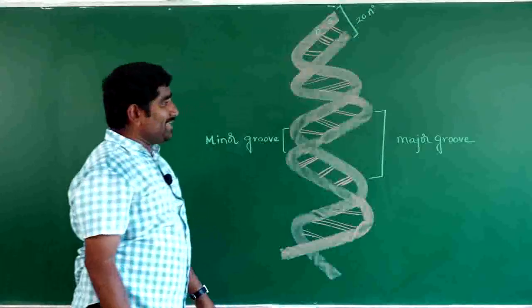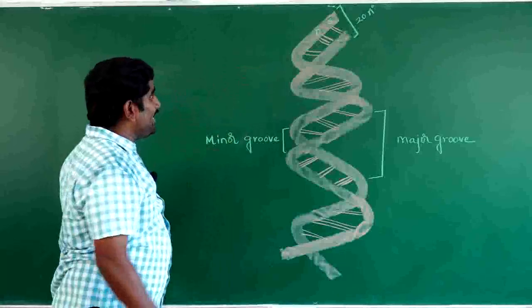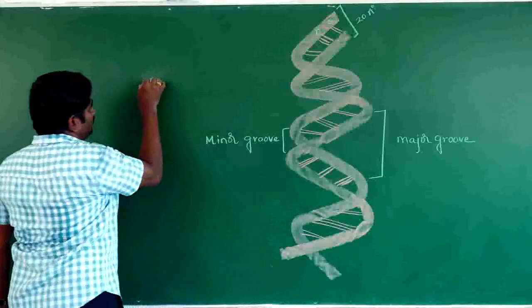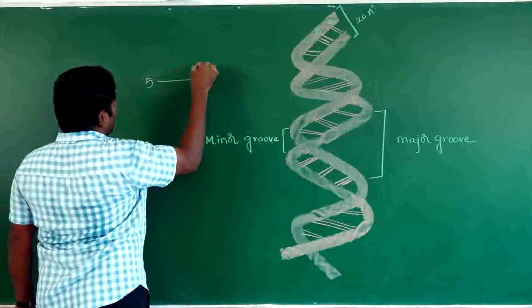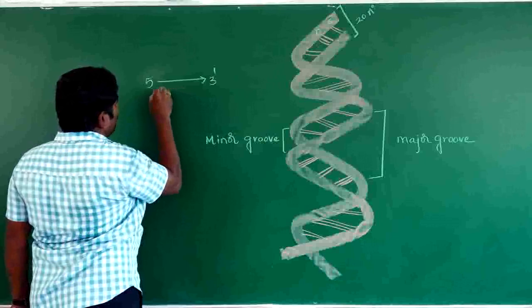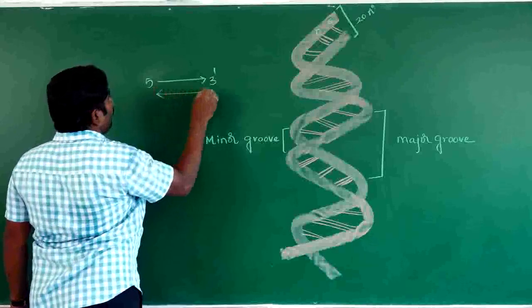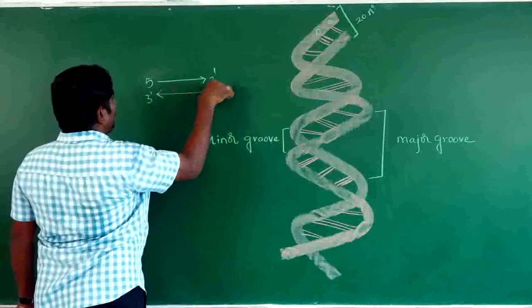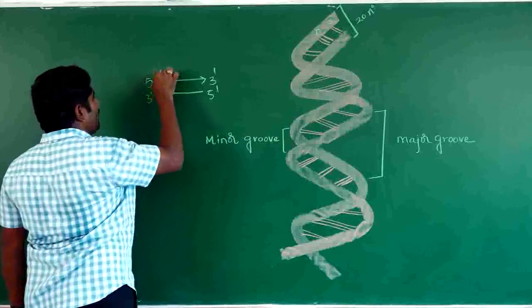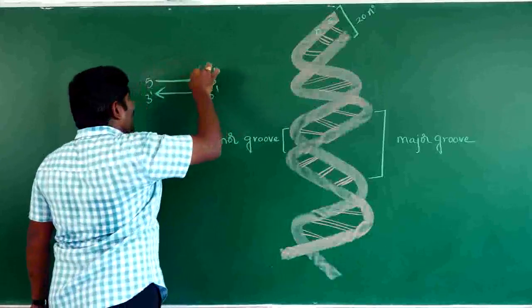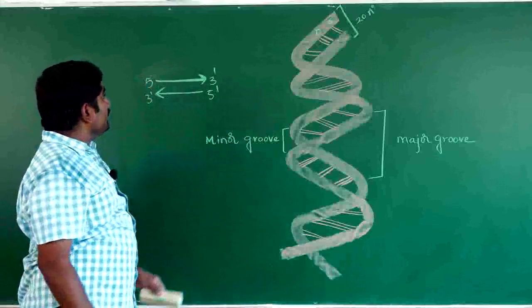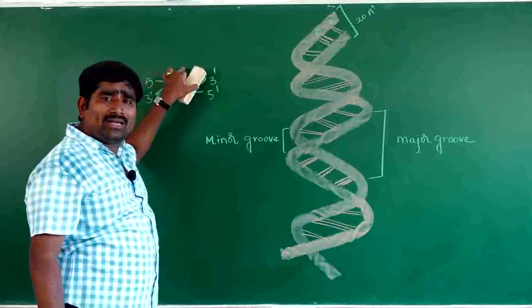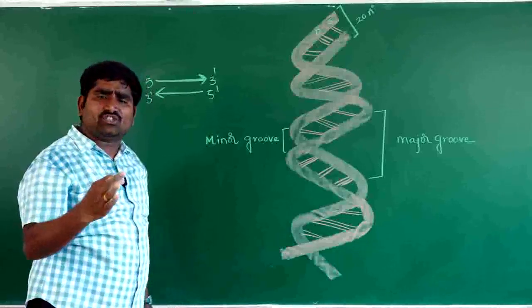The distance between the two strands of the polynucleotide strand is 20 angstroms. The two strands are anti-parallel to each other, because one strand moves in the 5' to 3' direction and the other strand moves in the 3' to 5' direction. So both are present parallel, but they go in opposite directions. The synthesis of a polynucleotide strand always takes place from 5' to 3'.